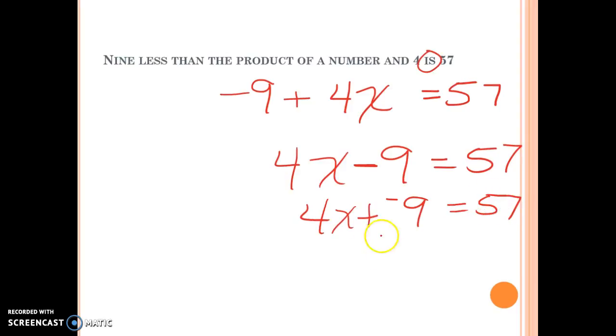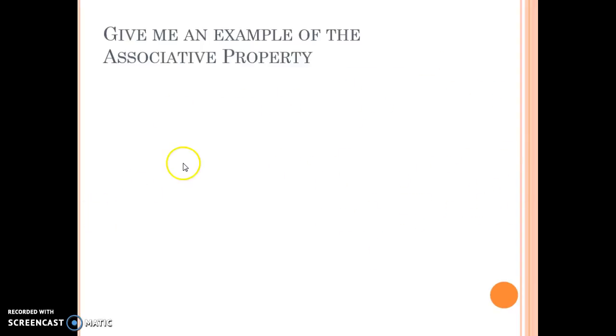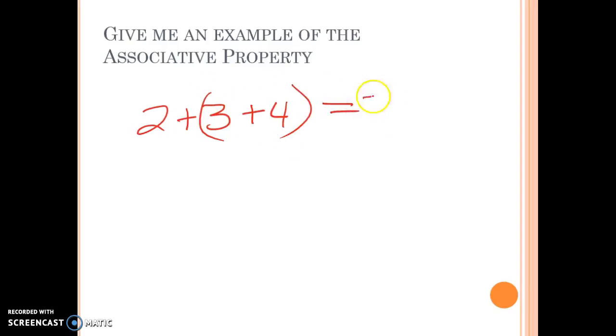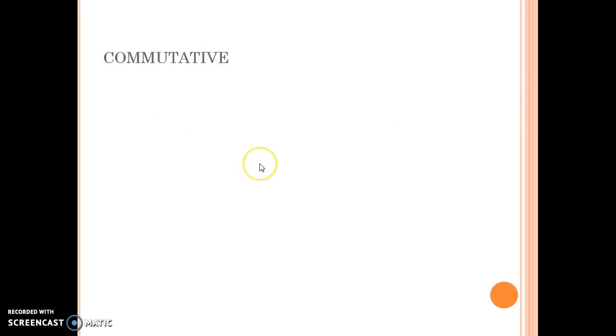All right, next problem. Give me an example of the associative property. Remember, the associative property is just associating with a new friend. So notice that the order has not changed any, only the grouping or the parentheses. Give me an example of the commutative property.